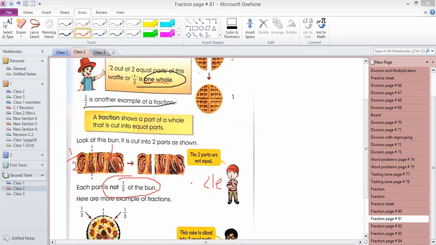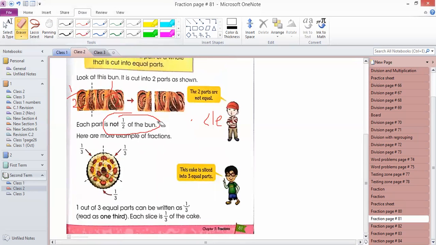So two things to remember: when you have the same number in numerator and denominator, that equals 1, and for a fraction you should divide equally. Am I clear to you, boys? Yes, sir. Good. Let's read it further.